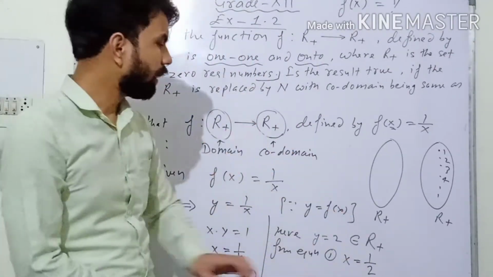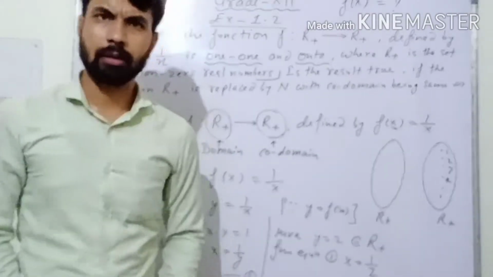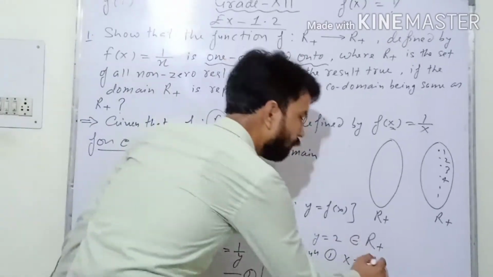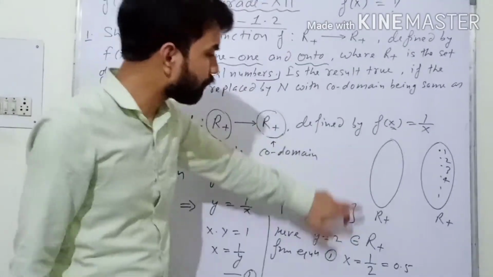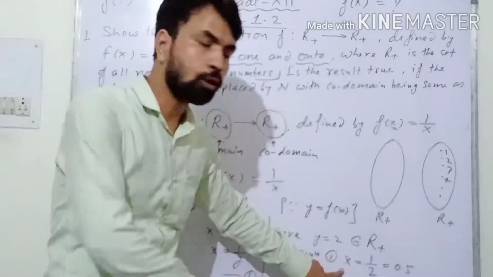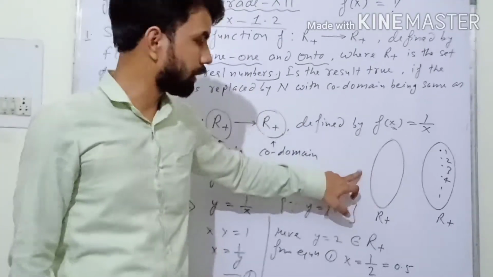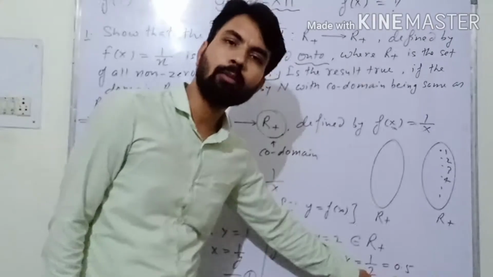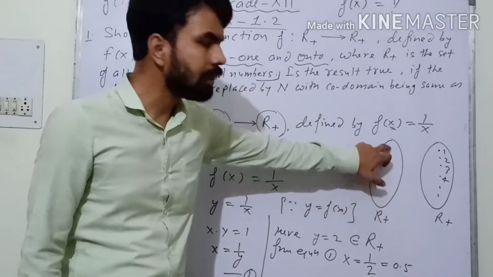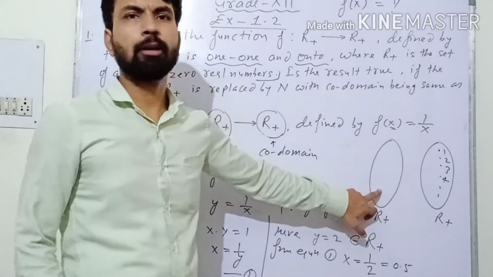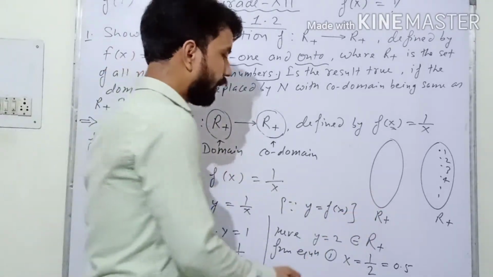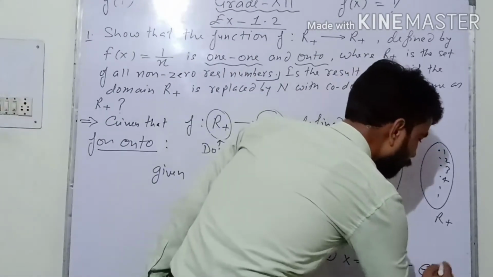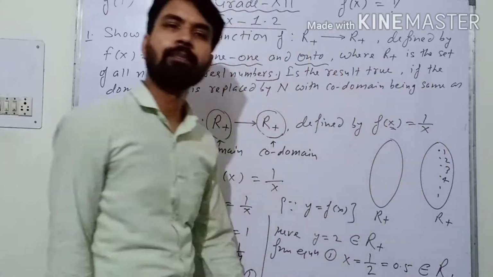Now tell me, will 1 upon 2 be a real number or not? 1 upon 2 means 0.5. So x should belong to the domain. The value of x is 0.5. Will 0.5 belong to this domain or not? Because the domain is also the set of all positive real numbers, we can say that it belongs to its domain.